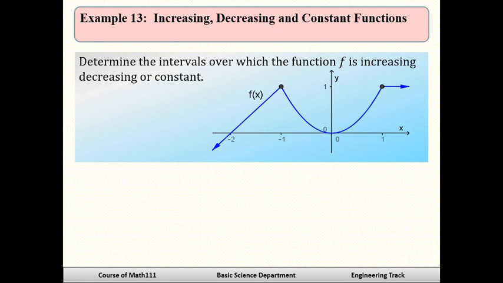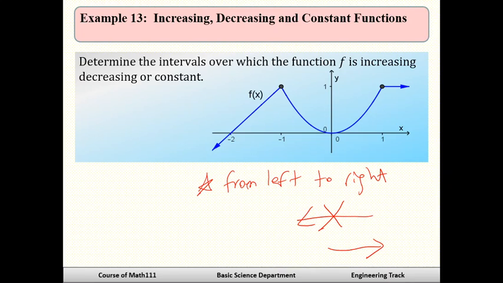Now determine the intervals over which the function is increasing, decreasing, or constant. From the graph, it's easy to see. Always keep in your mind, this is important: you will check the graph from left to right. Not this way, but you go this way. What do you see about the graph? It's going up, up to here.